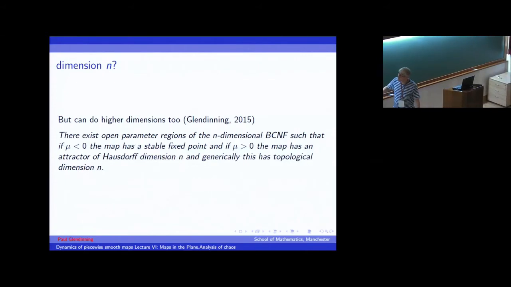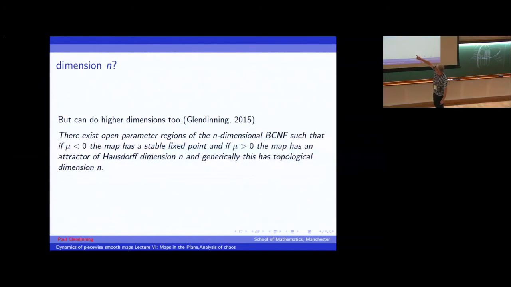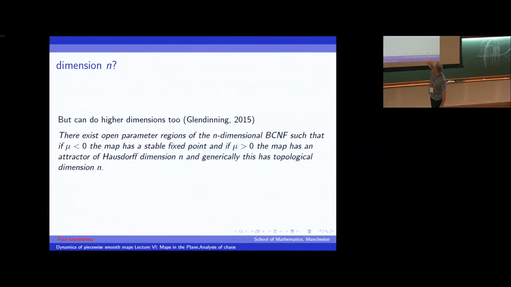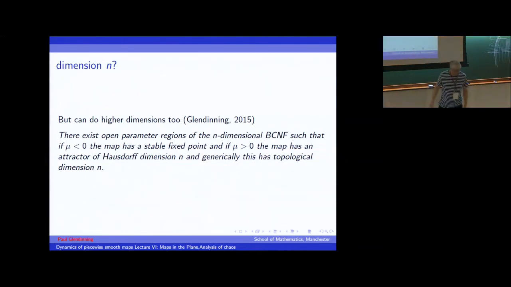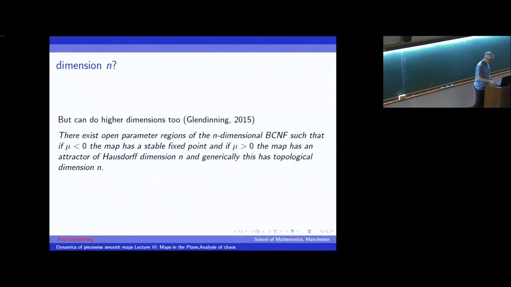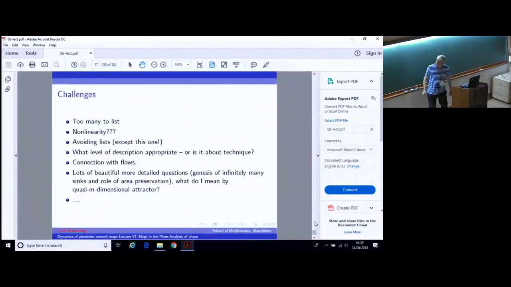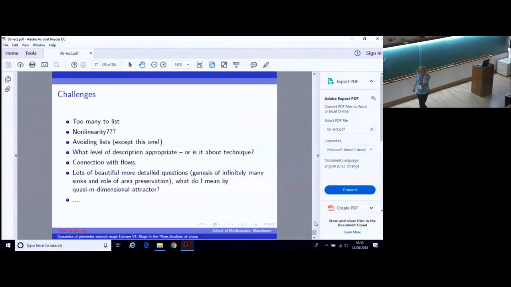And I should say, at the moment, one of the things that I don't know is whether this is about techniques of proof or whether it's a real effect. So remember, when you're doing the maths, you're proving what you can prove, not what you can't prove. So it may be that you can get rid of the Hausdorff dimension part, and it may be that you can't.